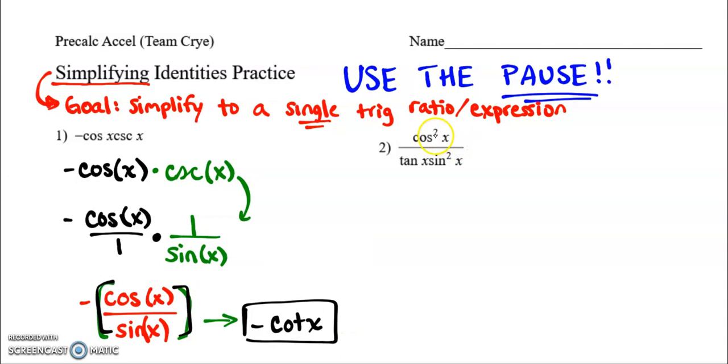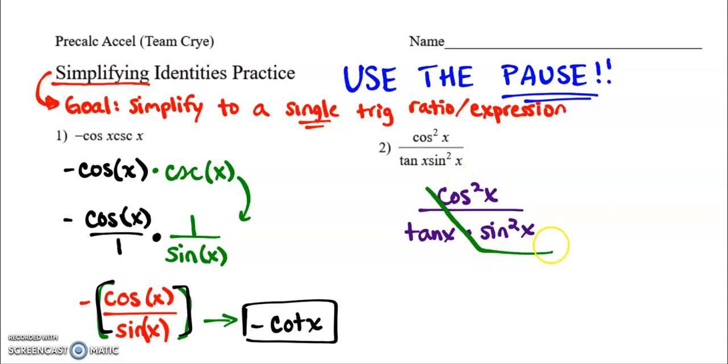Okay, let's take a look over here. We've got cosine squared x, and then in the denominator we have tangent of x times sine squared of x. If I kind of break this apart, I just use cosine over sine.